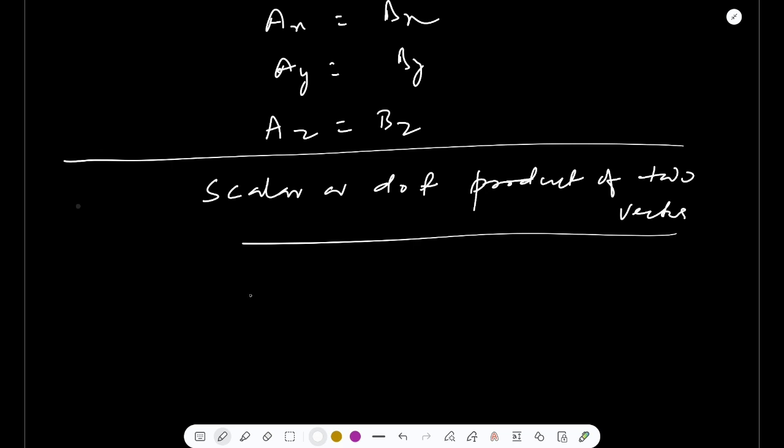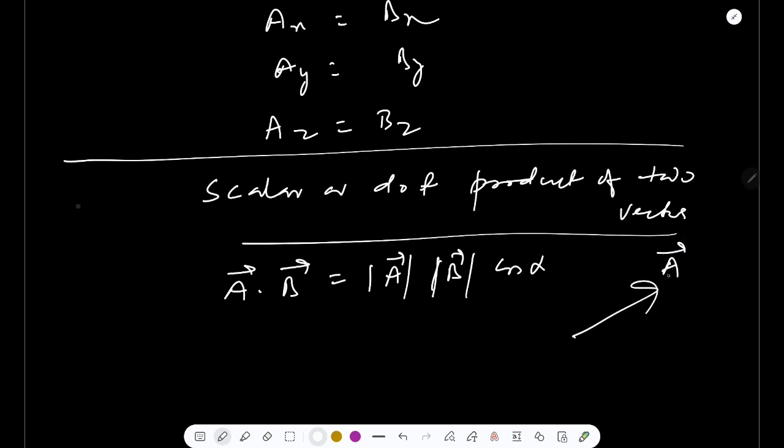For two vectors A and B, we simply write A dot B, that is a scalar product. That means two vectors are going to get multiplied and give you a scalar, defined simply as modulus of vector A, modulus of vector B, and cos alpha, where alpha is the angle between the two vectors.